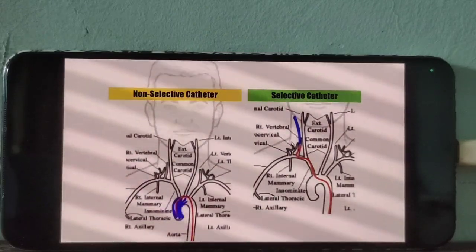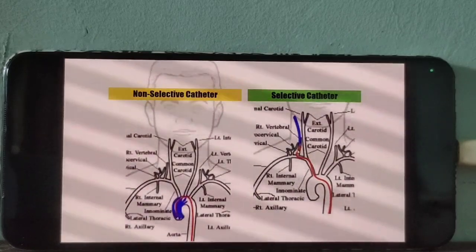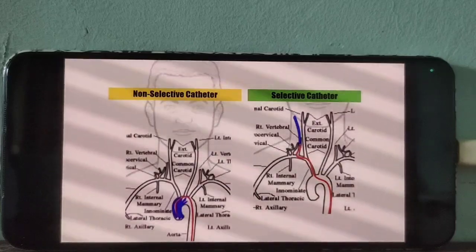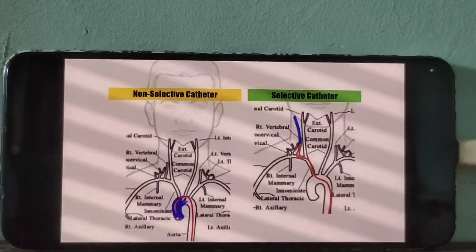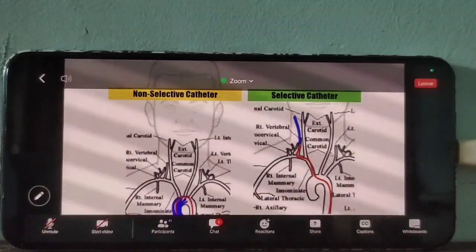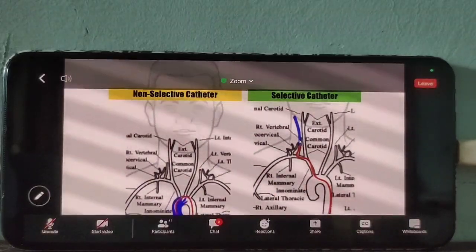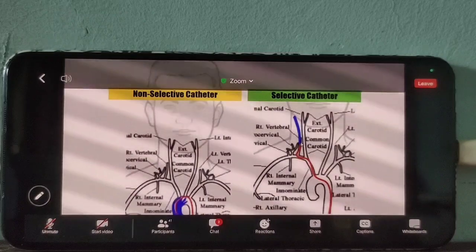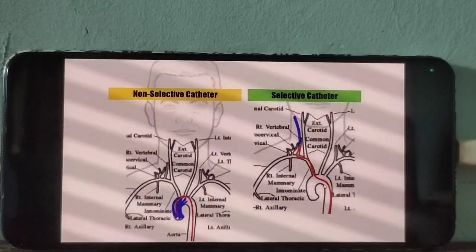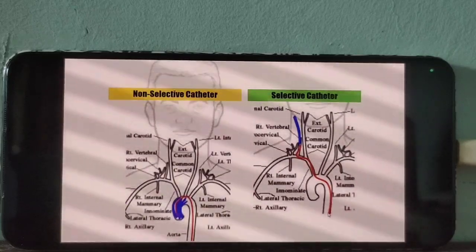If a catheter enters into a particular artery or vein, for example right vertebral, right cervical, common carotid. So if a doctor chooses any particular artery or vein, the catheter is still inserted through the aorta only.